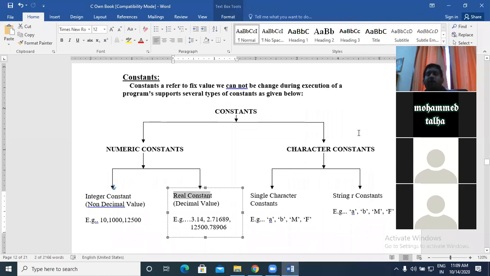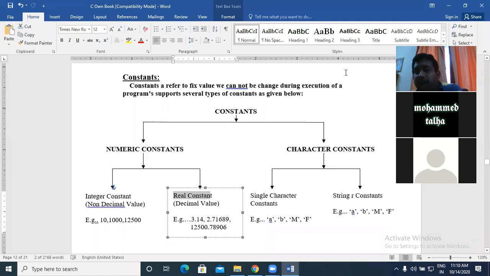Now next we move on to character constants. First, a single character: we can say A, B, C, D. Only one character is known as a single character. Whether it is in capital letters or small letters, it is considered a single character constant. Next, the other side of character constants is the string.